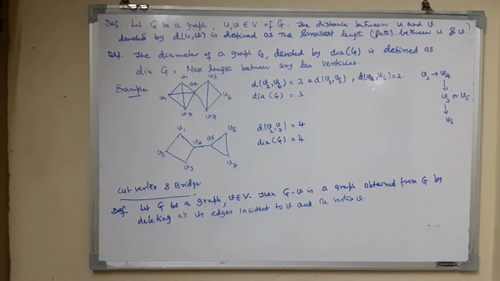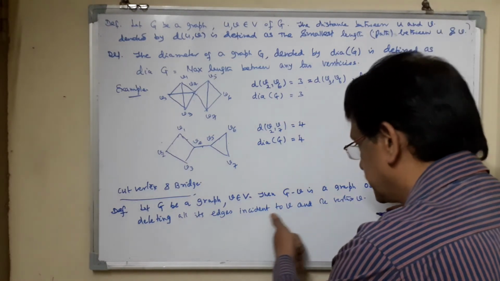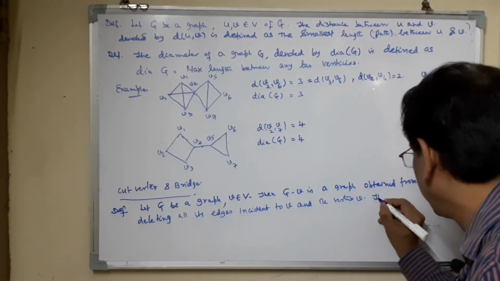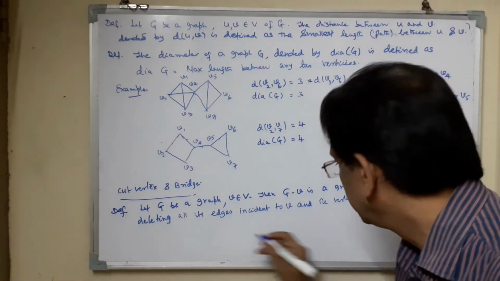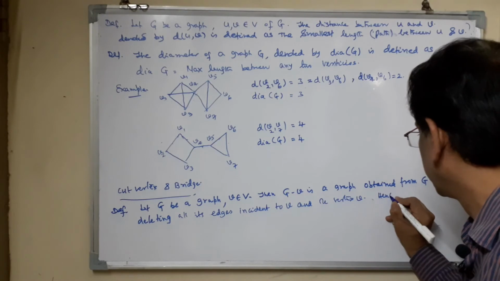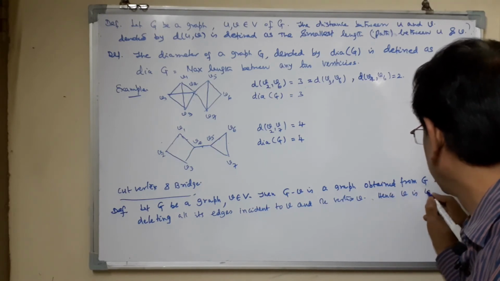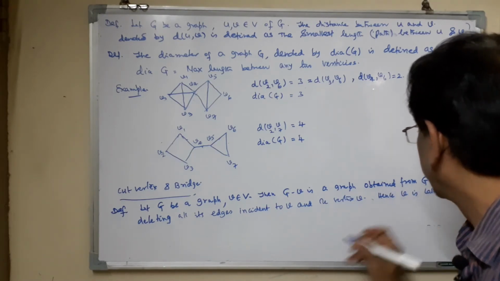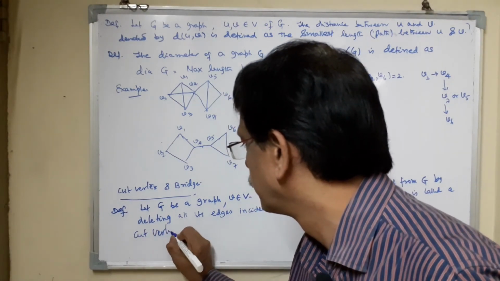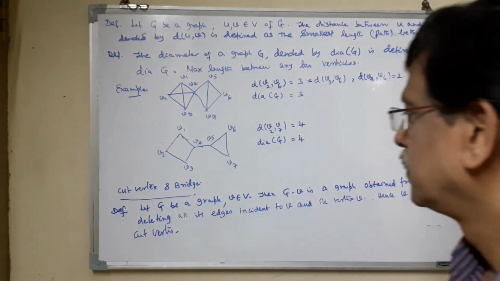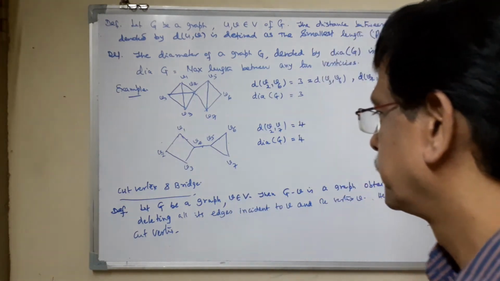Let G be a graph, v belongs to V, then G minus v is a graph obtained from G by deleting all edges incident to v, and hence v is called a cut vertex, or cut point.